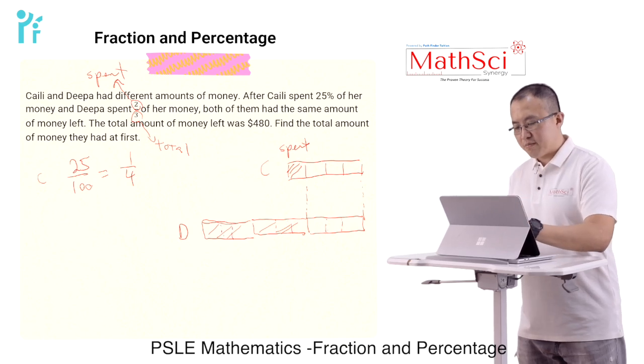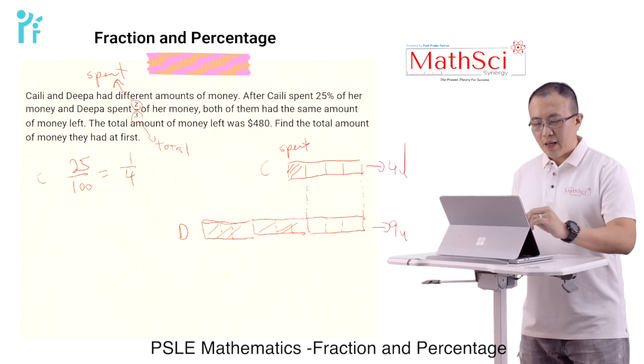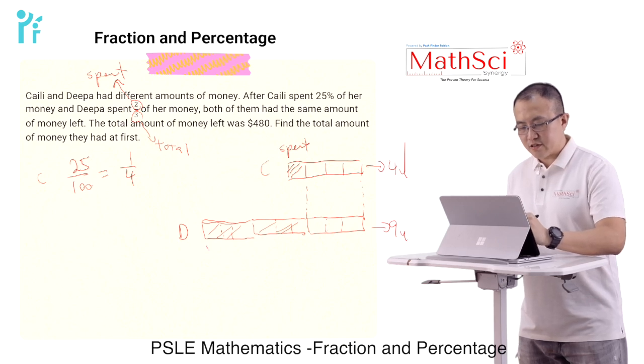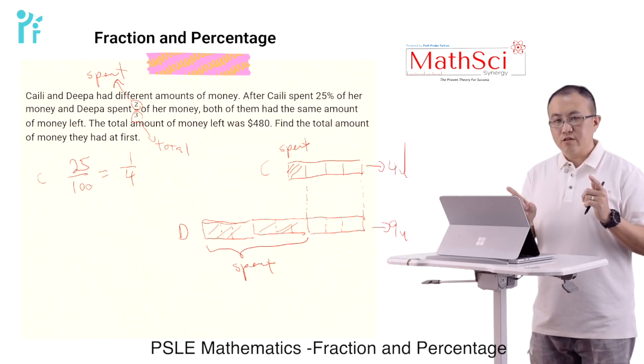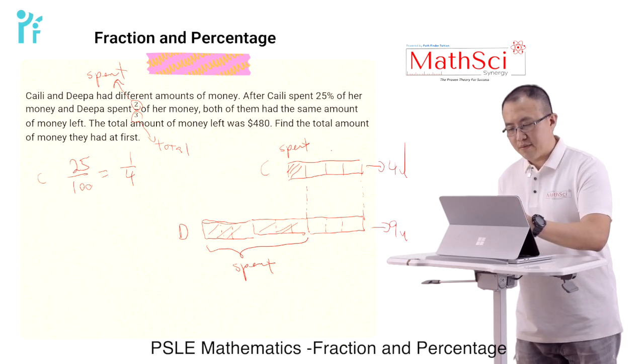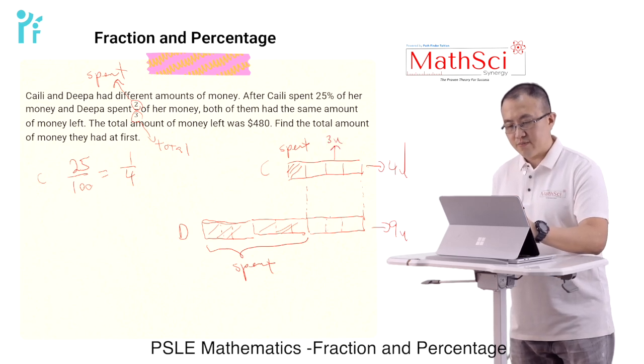So in actual fact, Deepa has a total of 9 units, and Cai Li still remains as 4 units at the beginning. So this is talking about the total. The spent part for Deepa is in fact 6 units. And then now you make a count. The remaining units that Cai Li has become 3, and Deepa's is also 3.